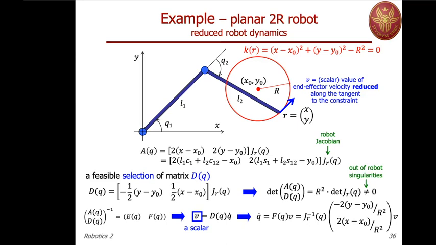So if you write down the q dot with the previous expression, you realize that this is the Jacobian inverse times a direction of the end effector velocity, which is along the tangent and is parameterized in intensity by the scalar value v. So I could go faster or slower, I could move counterclockwise or clockwise along the circle, but all the feasible velocities for the joints are parameterized by the scalar v, which is obtained by this expression.